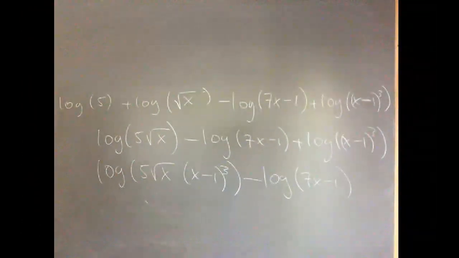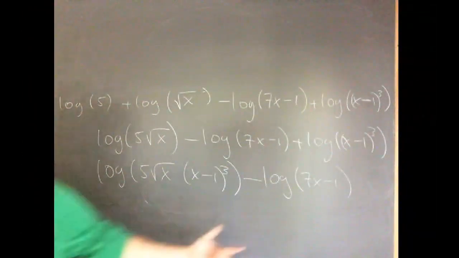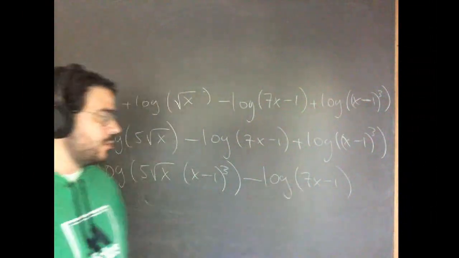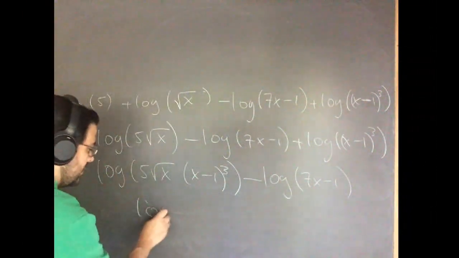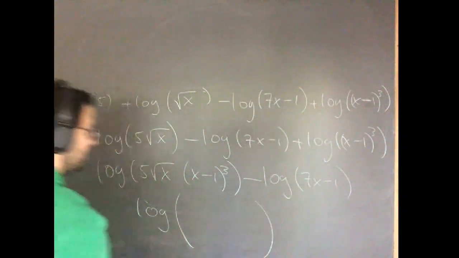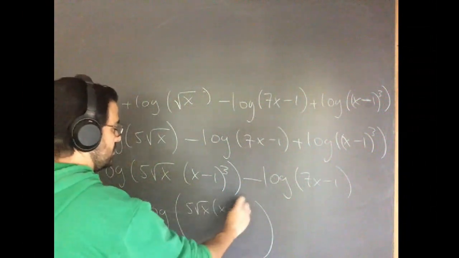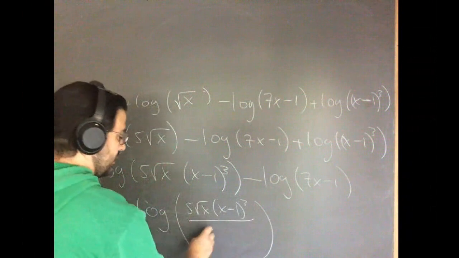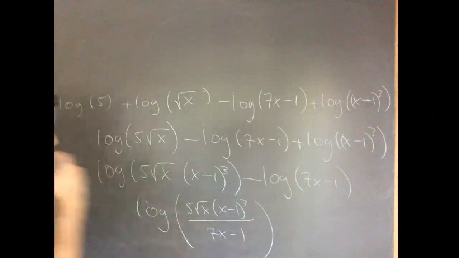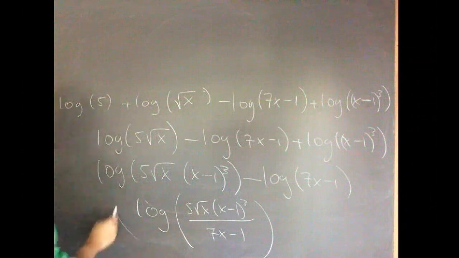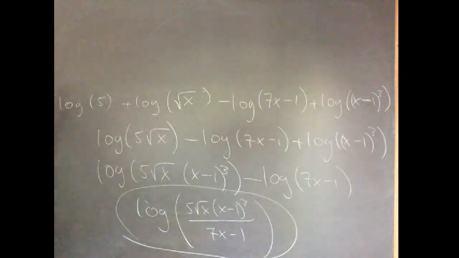And then now our final step here is to just subtract this guy, and when we subtract, that brings it in. And so writing this as a single logarithm gives us 5 times the square root of x times x minus 1 cubed divided by 7x minus 1. And this would be the condensed version written as a single logarithm.